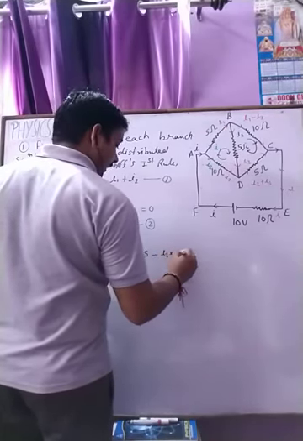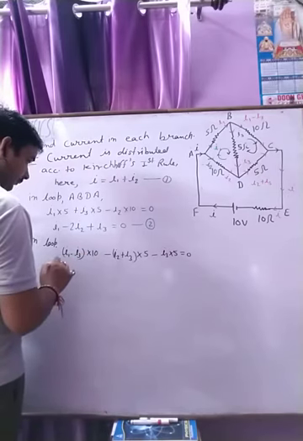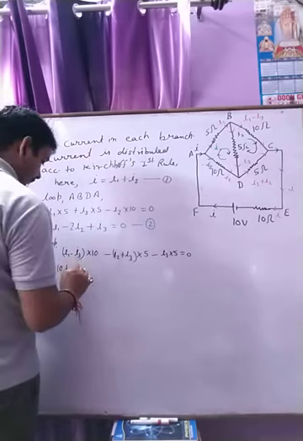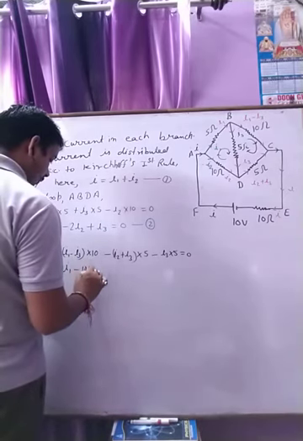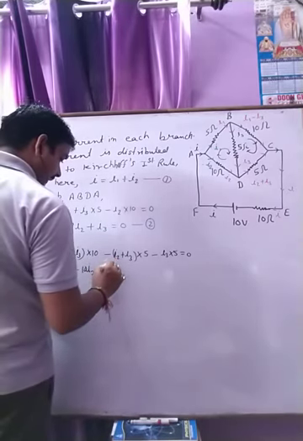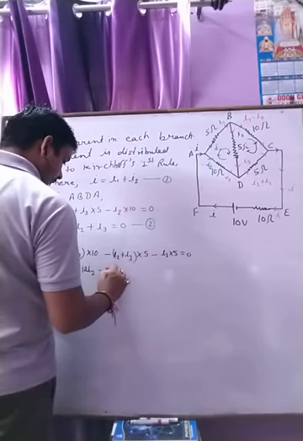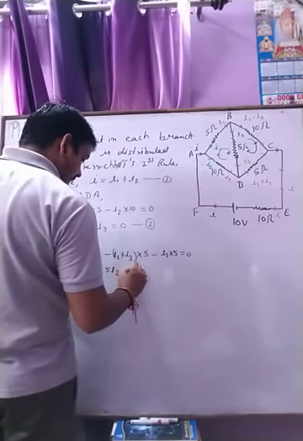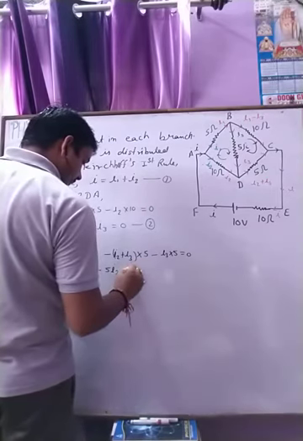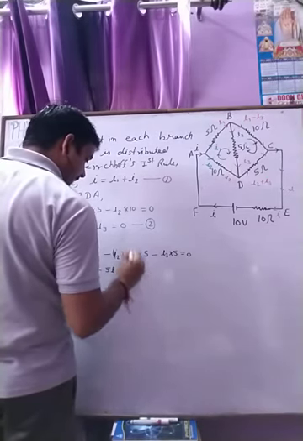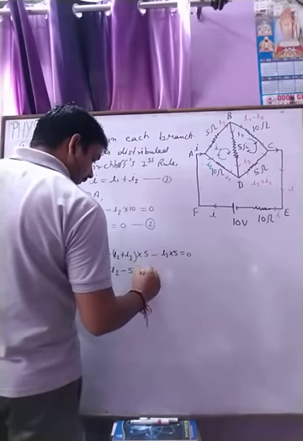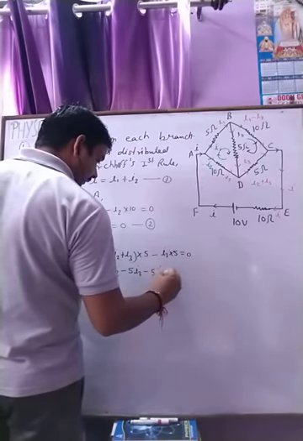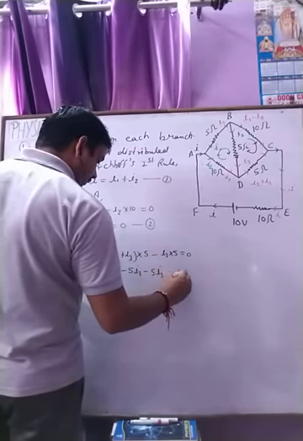On solving this, 10 I1 minus 10 I3 minus 5 I2 minus 5 I3 minus 5 I3 equal to 0.